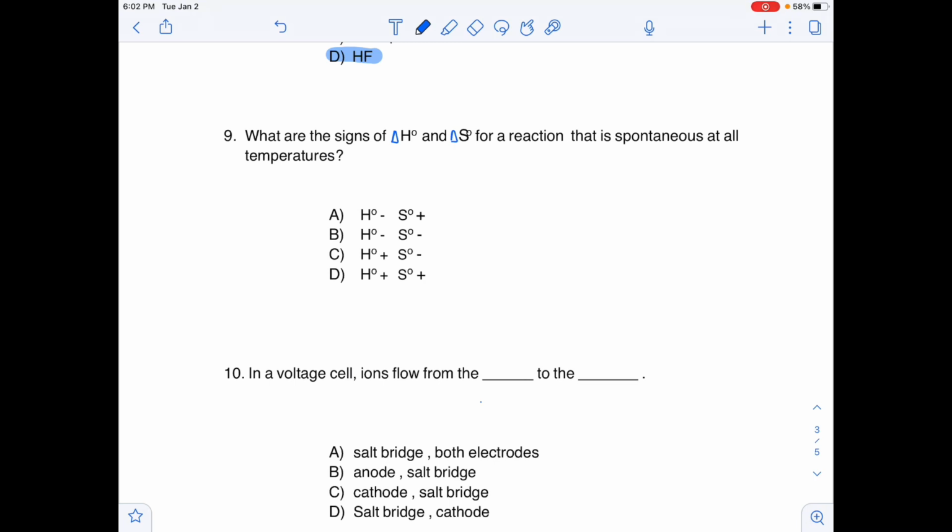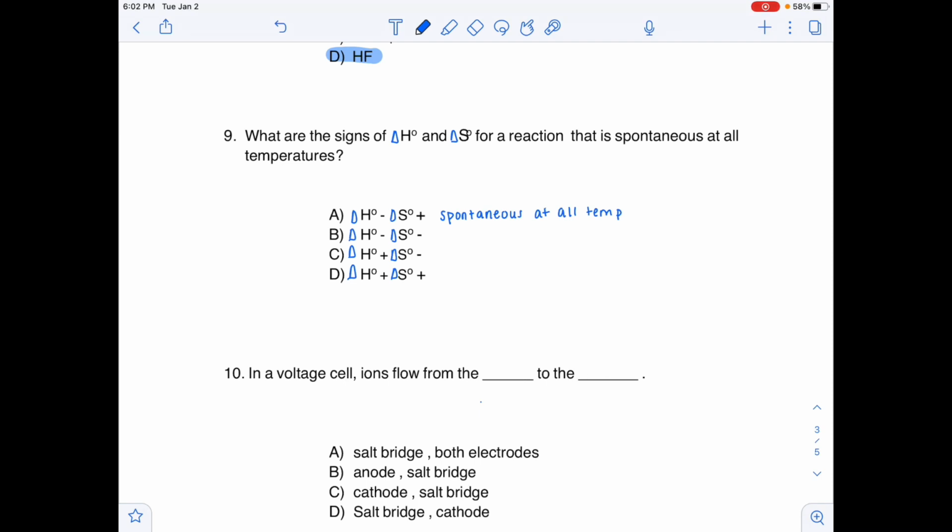But when we go through these answer choices, let me just write in these deltas. For A, since the delta H is negative and the delta S is positive, that's going to be spontaneous at all temperatures.